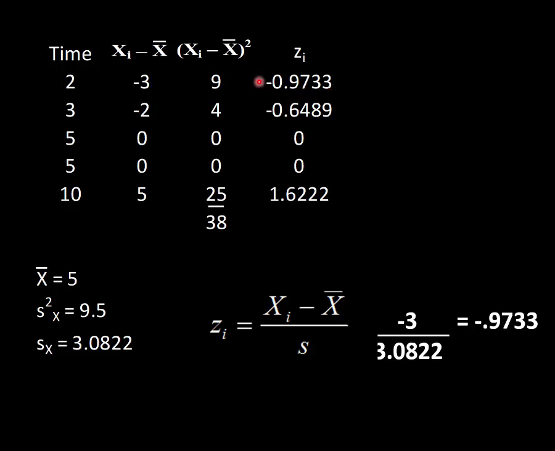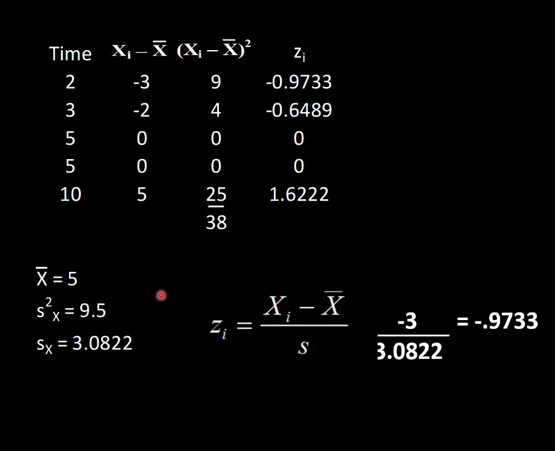How do I know below? Because remember that this distribution is going to have a mean of 0, and so the negative number tells me that it must be below the mean. A positive number tells me that it must be above the mean. All right. So the observation is 0.9733 standard deviations below the mean.